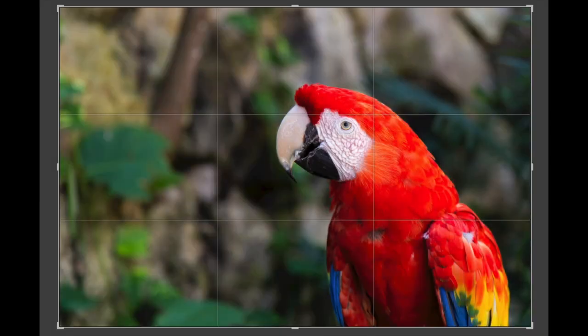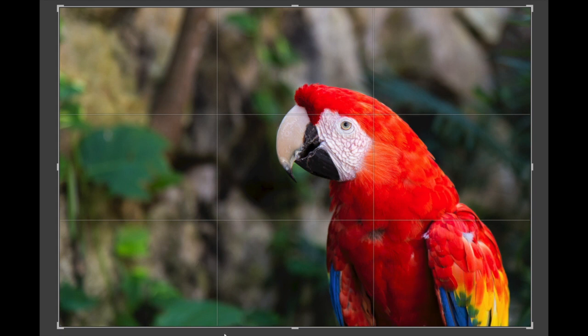Okay, so here we have an example of a photo of a parrot. What I've done is I've overlaid a grid on top of this photo so you can see exactly where the thirds fall on our frame and how we use the rule of thirds. We have two horizontal lines running here and here, and they separate the photo into horizontal thirds.